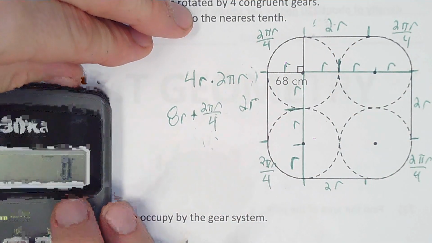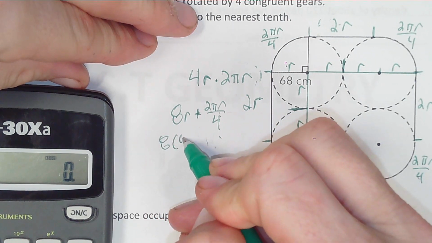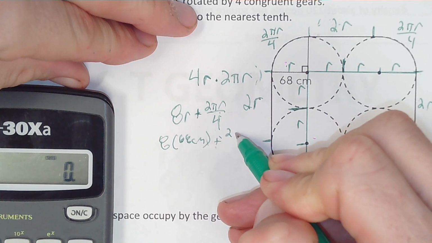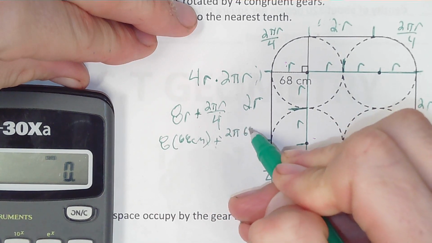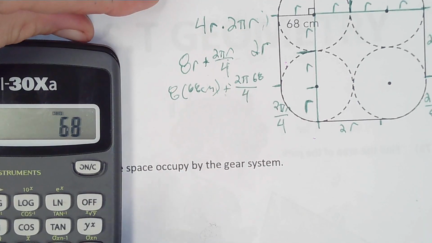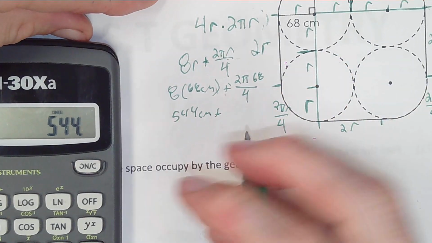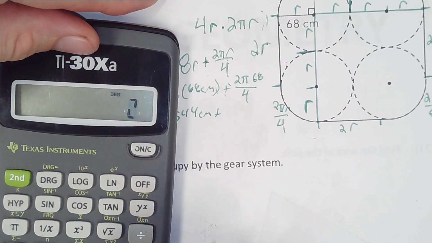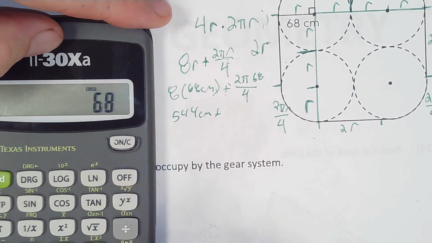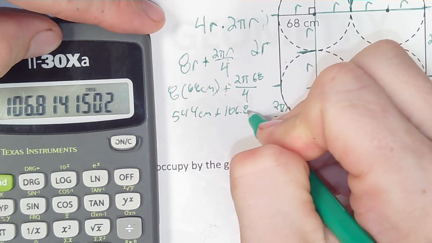All right, so now I'm going to plug in 8 times 68 centimeters plus 2 times pi times 68 divided by 4. So it's going to be 8 times 68 equals 544 centimeters, plus 2 times pi times 68 divided by 4 equals 106.8 centimeters.